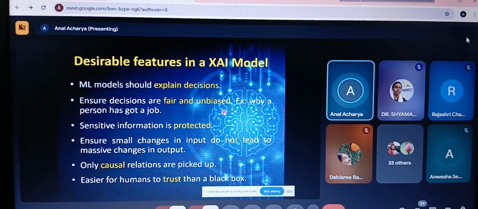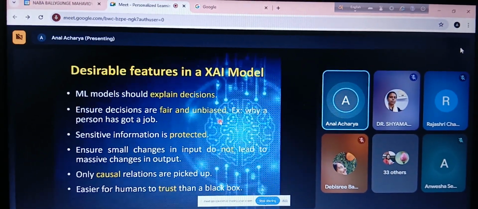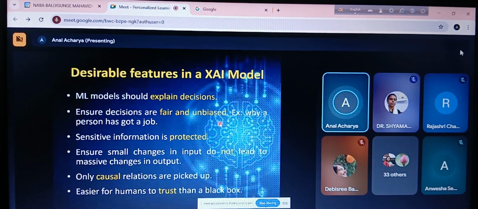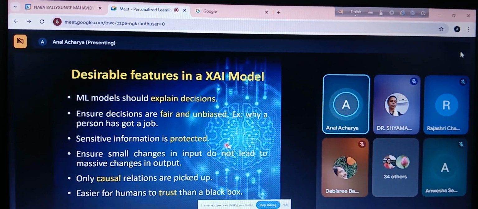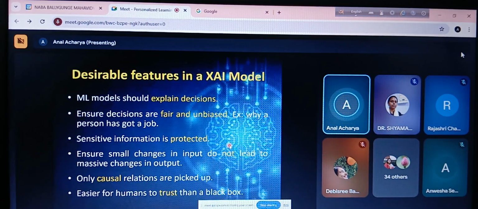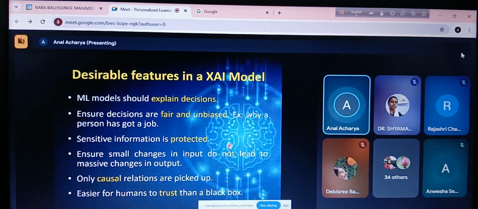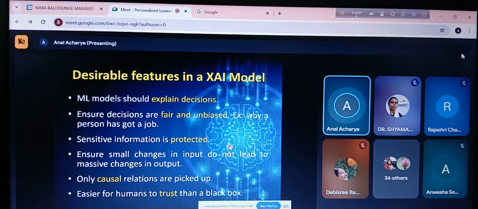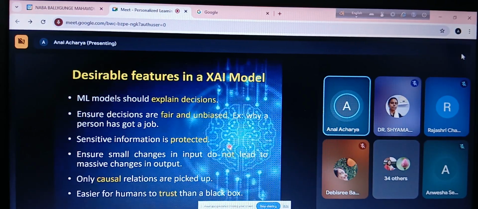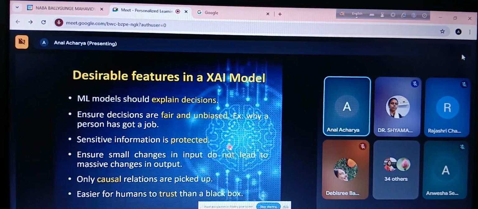That means a person has got a job, why has he got a job? Has he got it fairly, and so on. Sensitive information is to be protected, isn't it so? That means when the system is taking some decision based upon certain parameters, the value of the parameters or the tables that we have shown should not be leaked to the outside world, right?